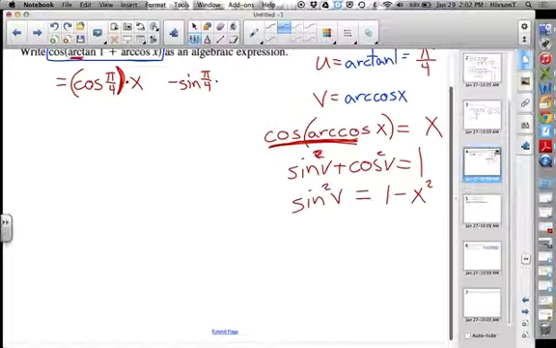Then we take the square root. So the sine of v is the square root of 1 minus x squared. Is it plus or minus? We don't need, like we did with the pi over 4, we don't need to consider the plus or minus in this case.